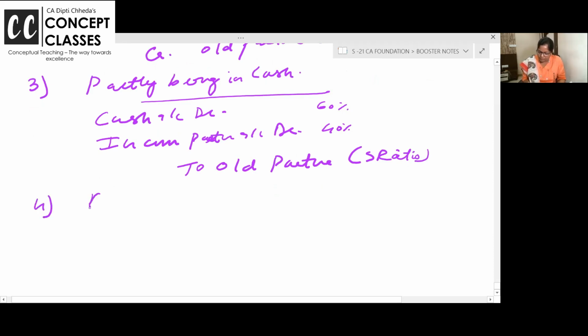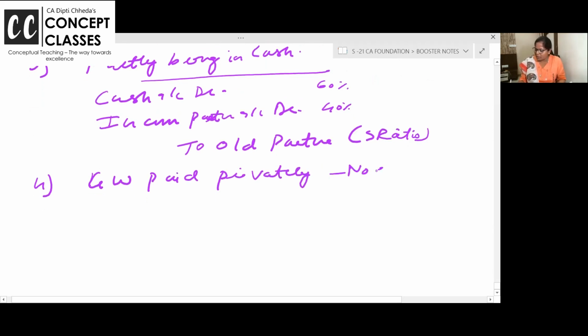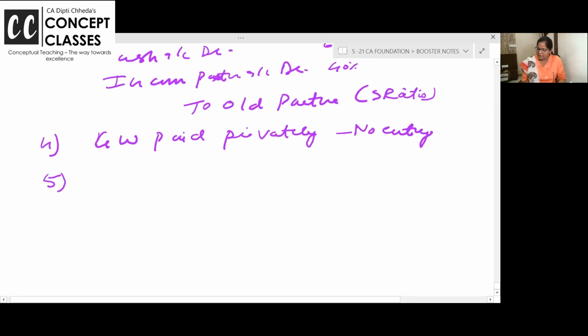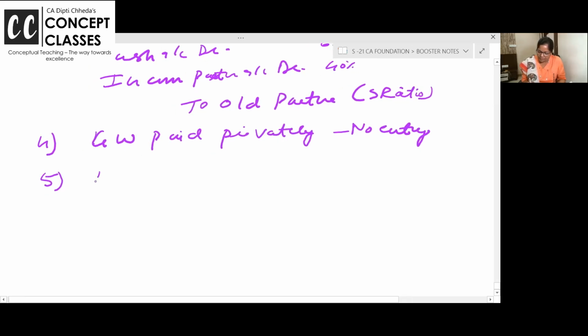Fourth, goodwill paid privately. Goodwill paid privately: no entry. Fifth, treatment of goodwill in change in PSR.